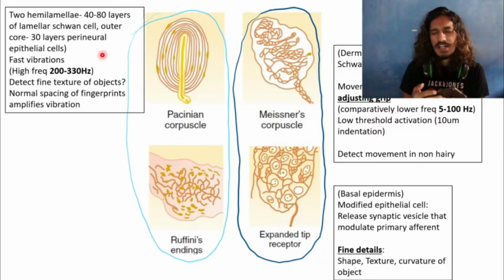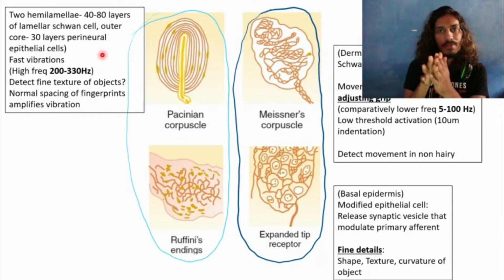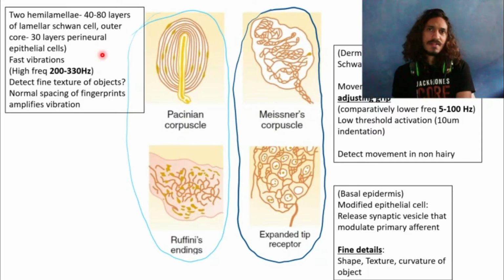So even if I have my eyes closed, I can move across it like this, and once I reach that area, I can understand the texture of it. I have fingerprints, which when you rub across it will kind of amplify the vibrations, and maybe like that you understand the texture. So that is what I make sense of it.